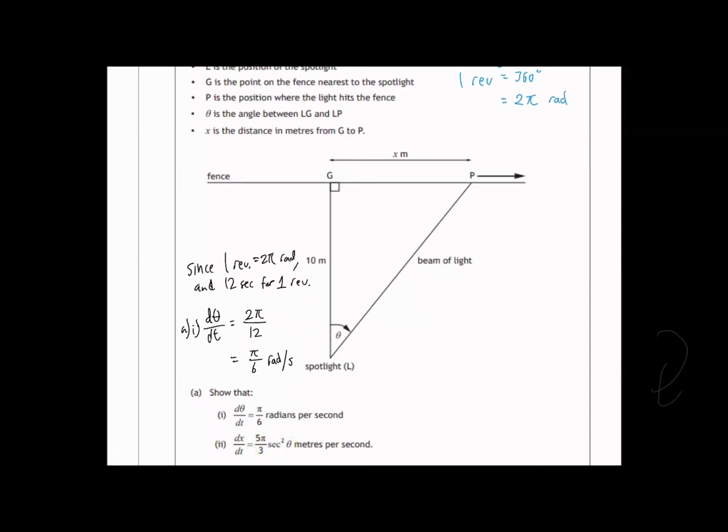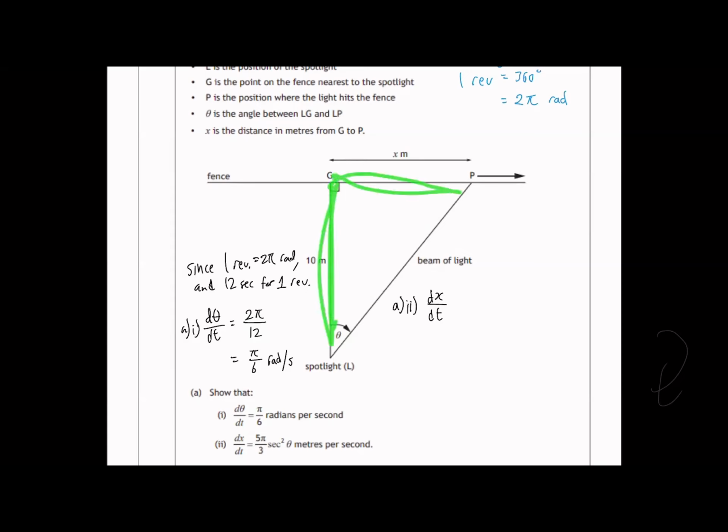This one is a bit tougher, but not too bad. Let me just show you. dx by dt. What is x? x is one side of a right angled triangle, right? So is there an equation we can form? If you start off by thinking Pythagoras theorem, yes, maybe, but that will require 3 lengths, right?